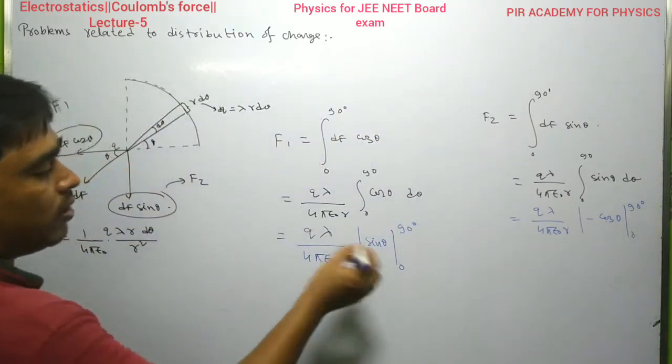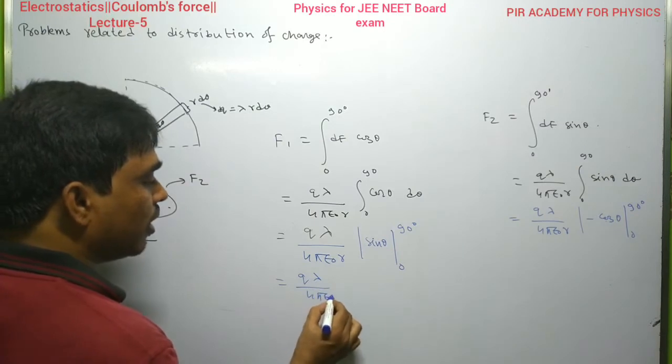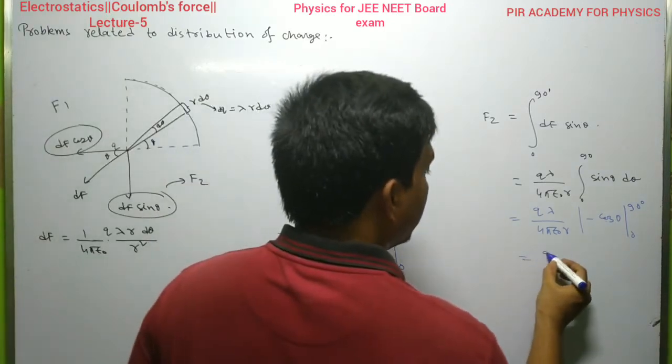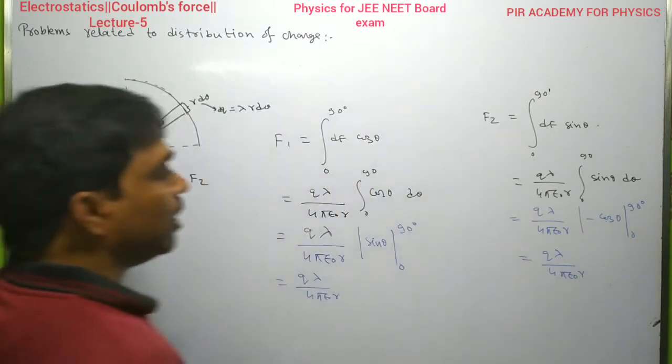So if you put this value, it will be q lambda by 4 pi epsilon naught r, and here also q lambda by 4 pi epsilon naught r. These are the two forces.